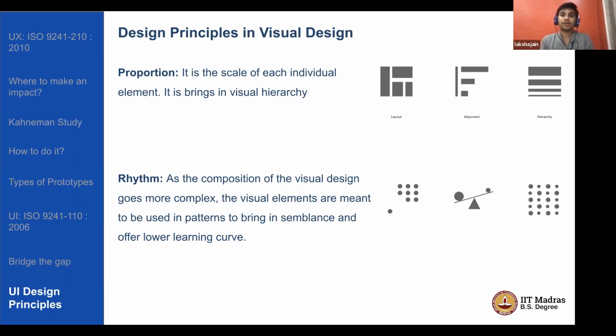So rhythm is one thing you have to be particular about, and it creates a sense of semblance within your whole system. It creates a sense of coherence, some relativeness, that all of the UI elements are related to each other. So it creates a sense of coherence within each information or UI element being displayed over the screen.